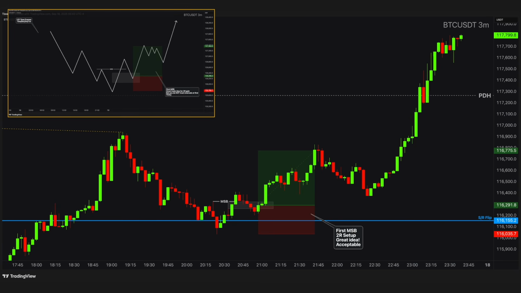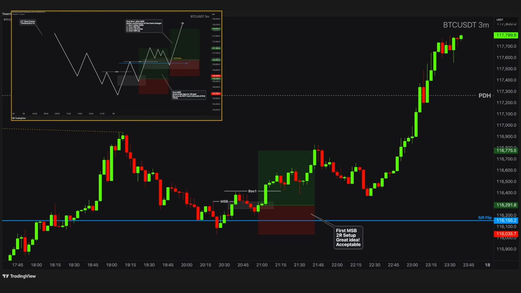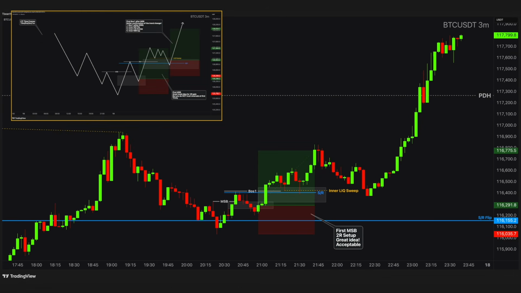As you can see, this 2-hour setup is extremely compact and very tight. Then right after that, we get the very first break of structure. It is supported by a small inner SR flip, an inner liquidity sweep, and another inner imbalance. Together, this creates another clean 2-hour compact setup.